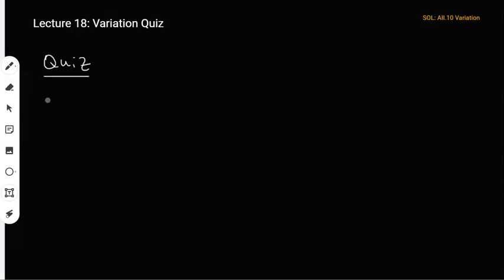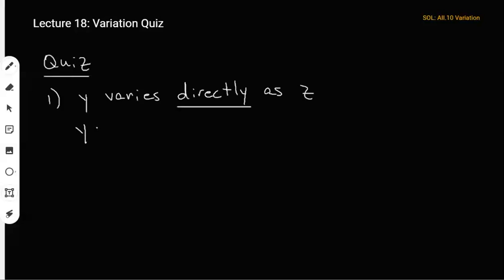Number 1 tells me that y varies directly as z. It varies directly as z. So if we have direct variation, we're going to be multiplying k by the variable. So it's going to be y equals k times z.